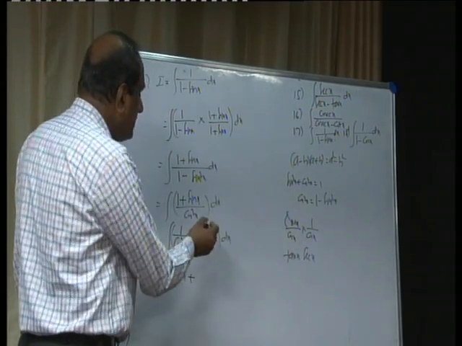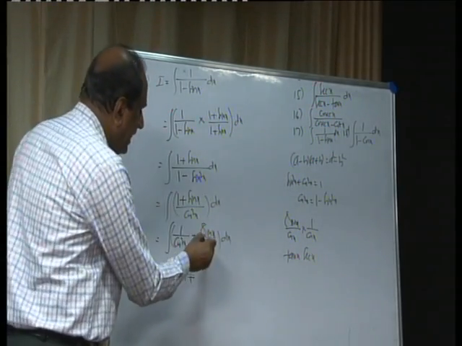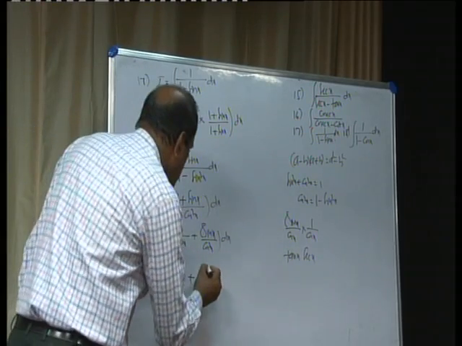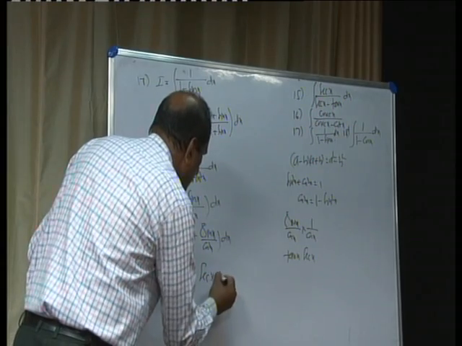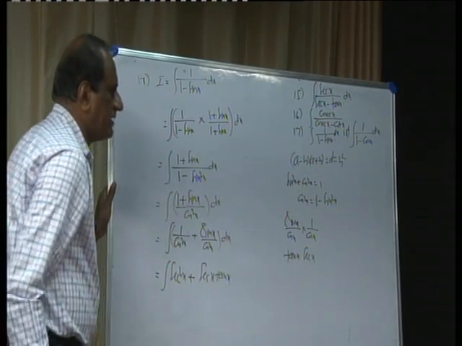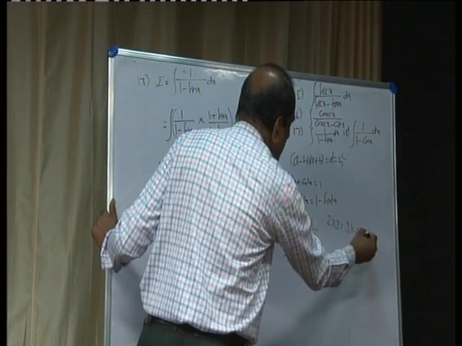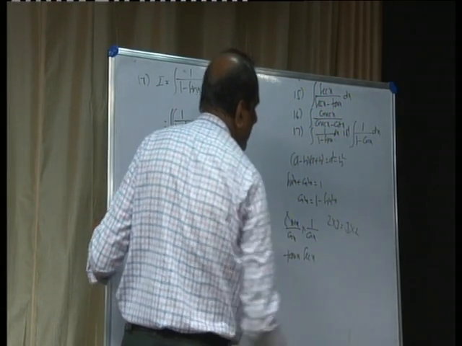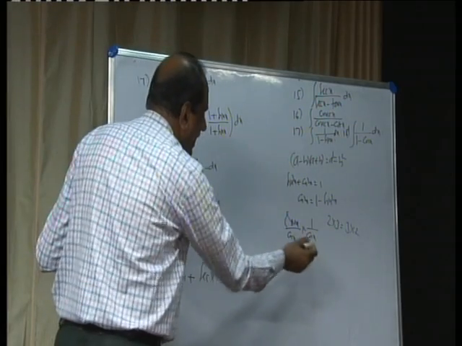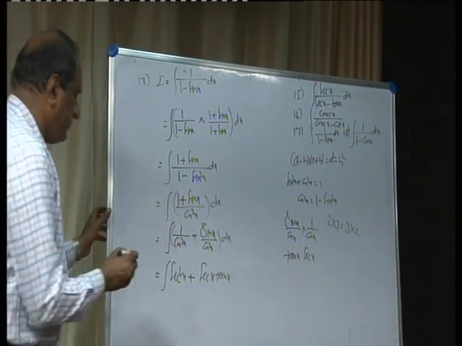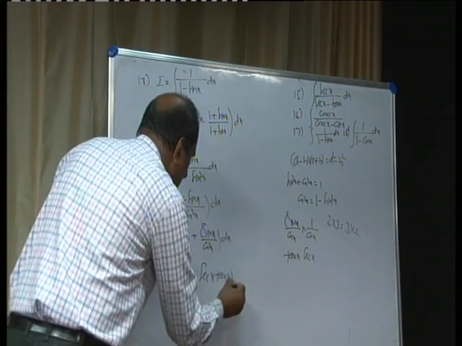Therefore, sin x by cos square x can be written as tan x secant x, or secant x tan x. We can write it in any way, just as 2 into 3 is equal to 3 into 2, both 6. So, it is secant x tan x, whole dx.